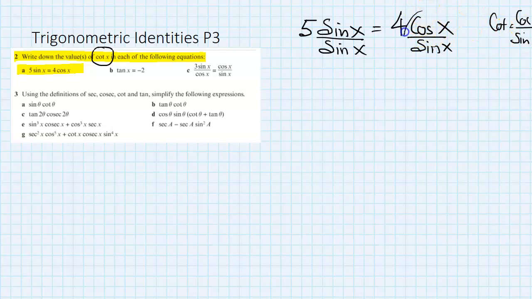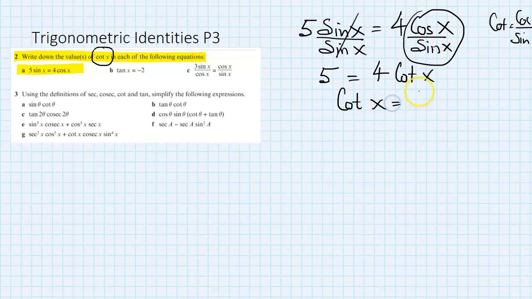Now I got cot here. So this is 5 sin x, cancel, is equal to 4 cos x over sin x, which is cot x. So cot x is equal to 5 over 4. So that is the value of cot x.